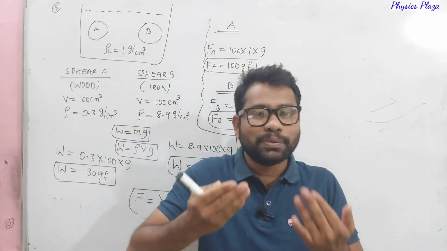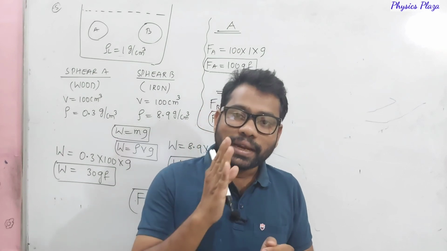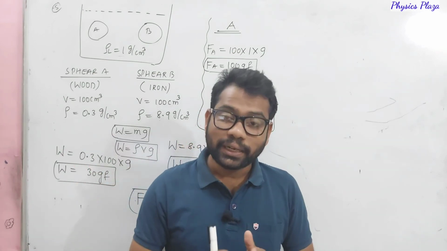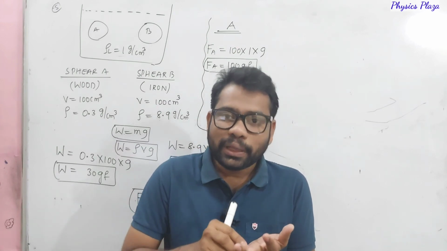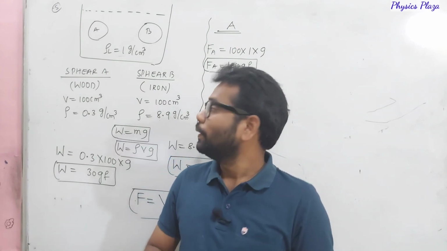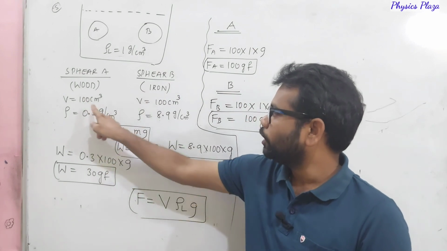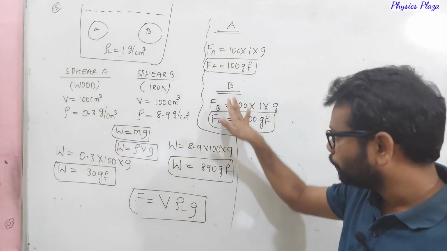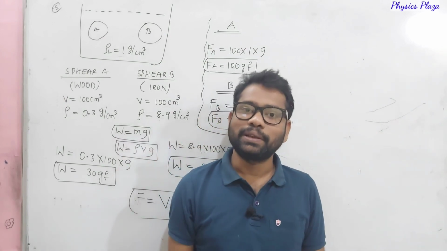Buoyant force experienced by a solid does not depend on the density of the solid. It does not depend on the material with which it is made. Rather, it depends on the volume of the body immersed and the density of the liquid. Look at here, both have the same volume and both are placed in the same liquid. So without calculating, we can say that both will experience the same force.